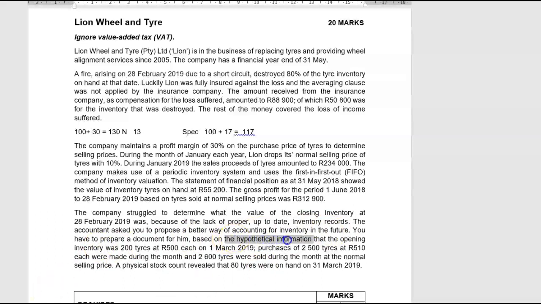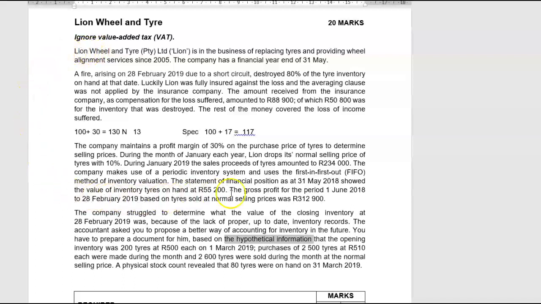What is hypothetical information? Guys, that is just, I assume that if it was the situation, if it was the figures, what would the outcome have been? So this whole question was actually cut into two separate pieces.